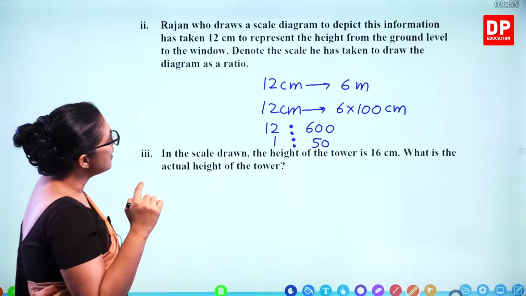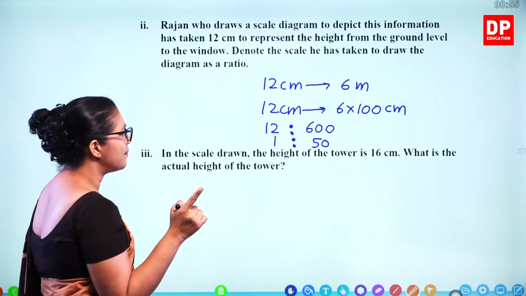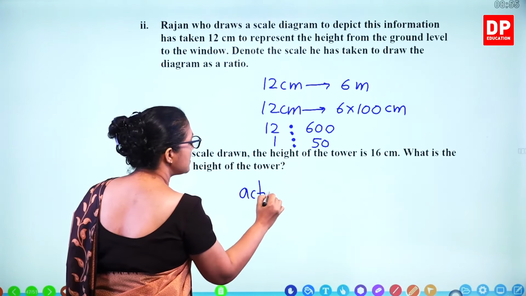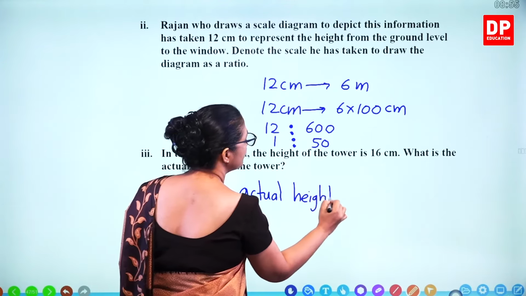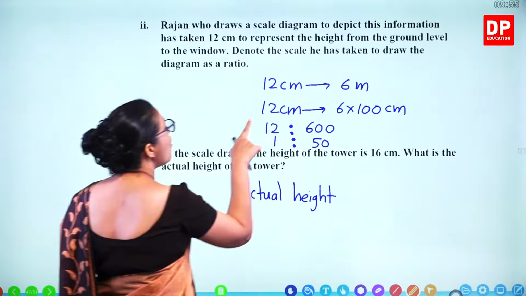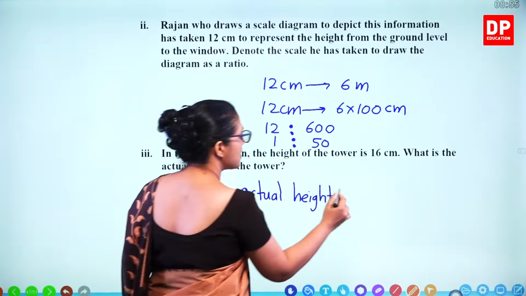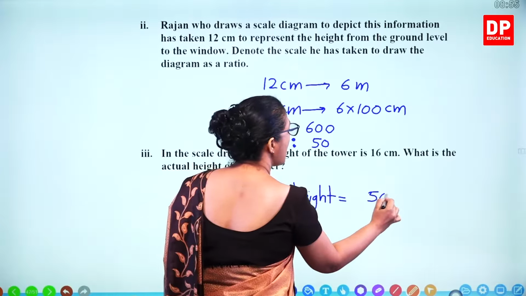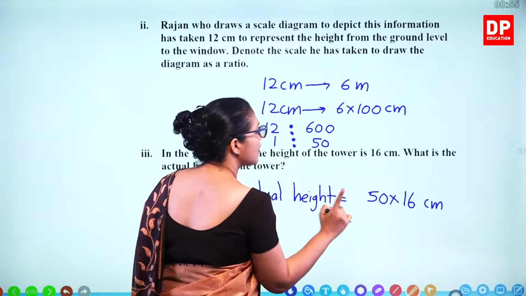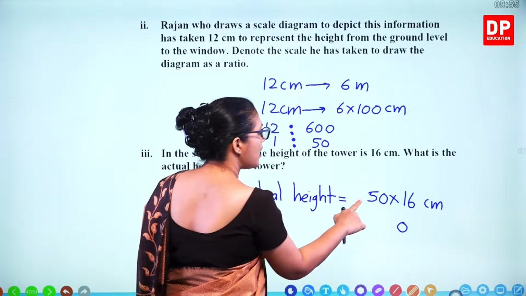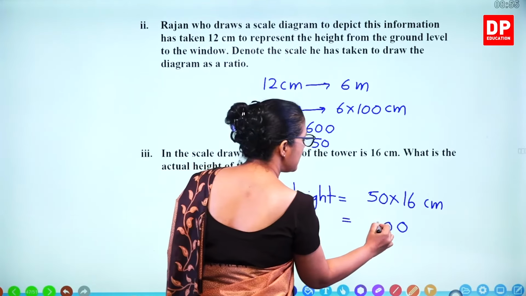In the scale drawing, the height of the tower is 16 centimeters. What is the actual height of the tower? So the actual height is, here 1 centimeter means 50 centimeters. So 50 times 16. That's in centimeters. And later you can divide by 100. 0, 5 times 6, 30. 5 times 1, 5 plus 3, 8.